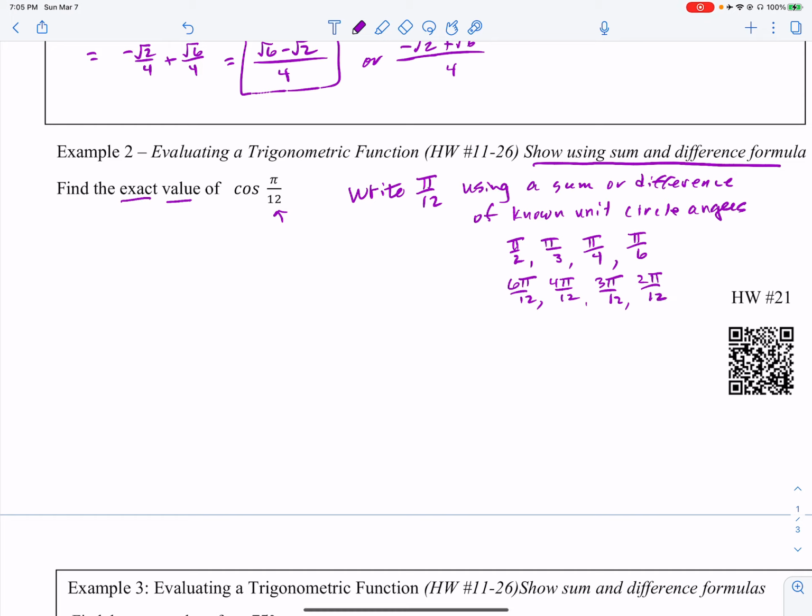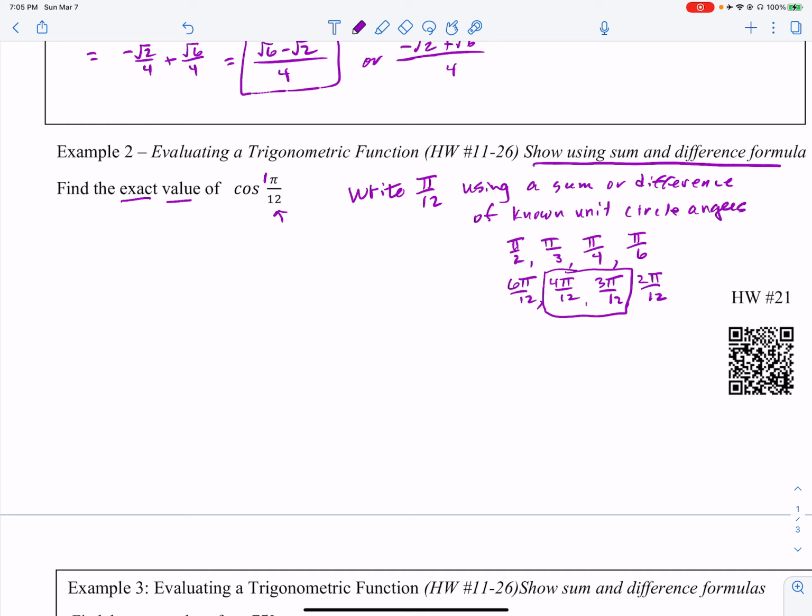Because then now that you have a common denominator, you need either two of them that add up to 1 pi for the numerator or subtract to be 1 pi. And there are some different options, so we might not all do it the same. I'm going to take 4 pi 12ths and 3 pi 12ths. You could have used 3 pi 12ths and 2 pi 12ths. It could have been either way.